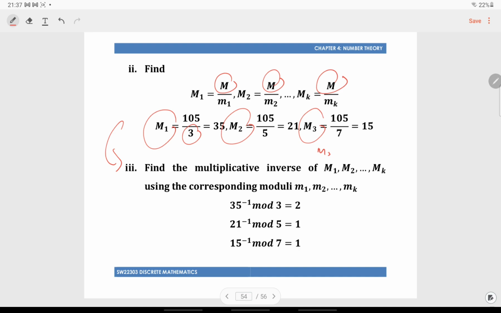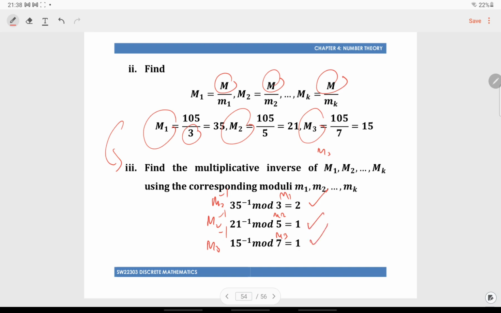In the third step, we need to find the multiplicative inverse of each of capital M1, M2, and M3. Capital M1 inverse, capital M2 inverse, and capital M3 inverse, modulo m1, m2, and m3. If you can guess, otherwise we need to do the extended Euclidean algorithm. So we obtain the multiplicative inverses. The first multiplicative inverse is 2, the second one is 1, and the third one is 1.